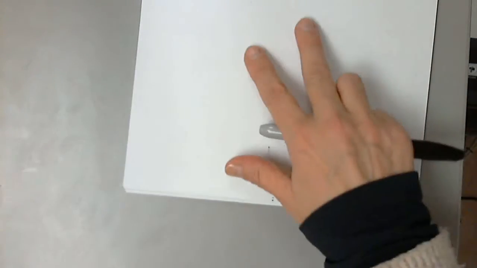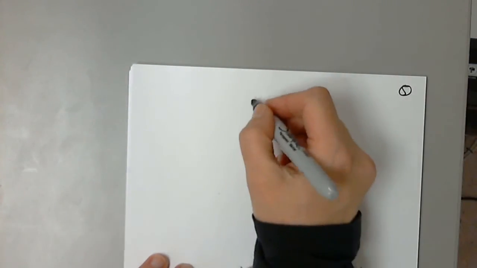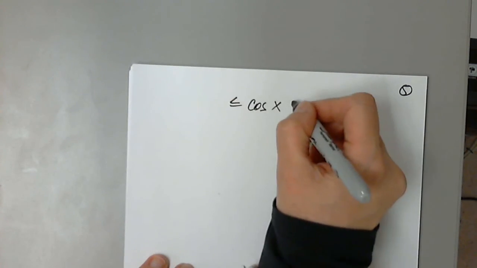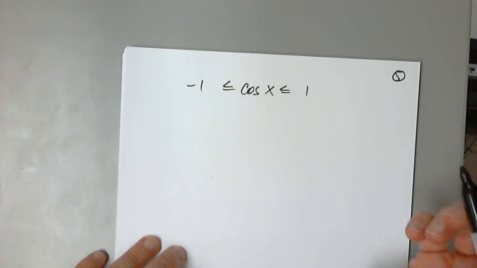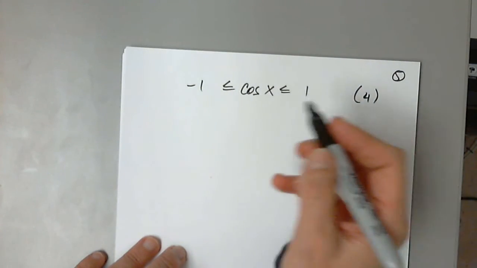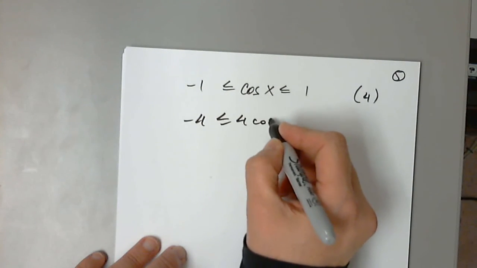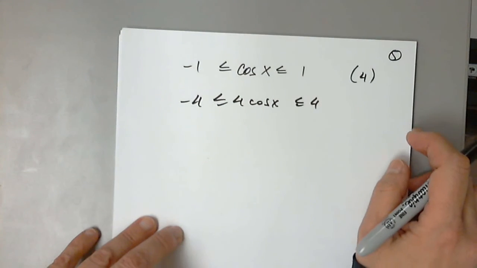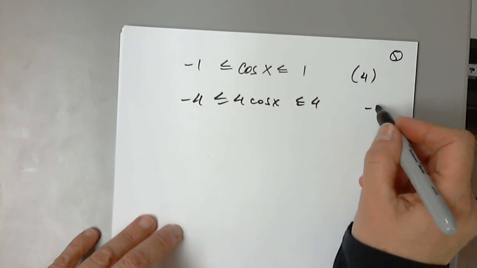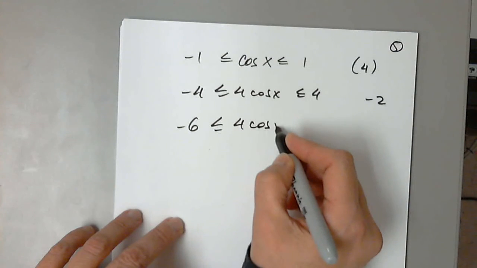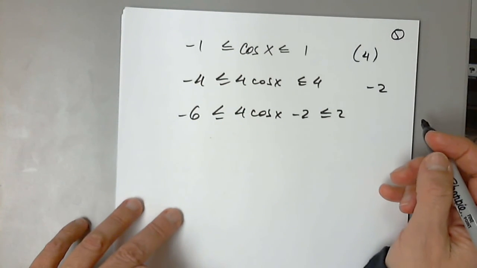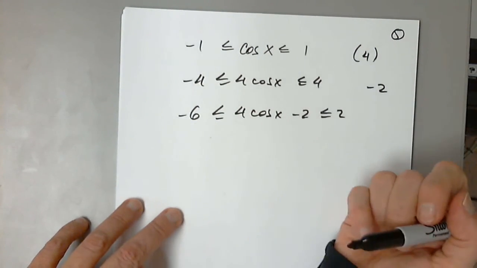Let's do this. Any cosine of an angle is between -1 and 1. Any angle, right? If I multiply all three sides by 4, do I get this? If I subtract 2 from all three sides, do I get this? Why are we doing this?